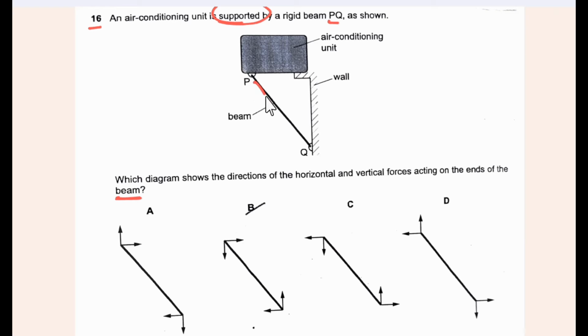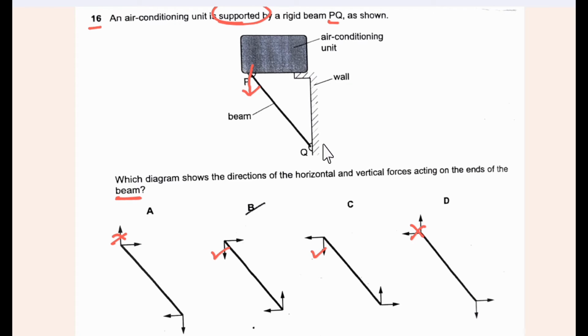So this is our beam, and the force by the air conditioning unit would be acting downwards. Obviously the force by the air conditioning unit is acting downwards, so we can see that this force is acting upwards, so this is wrong. Then this is acting downwards, this is also acting downwards, this is acting upwards, so this is wrong.